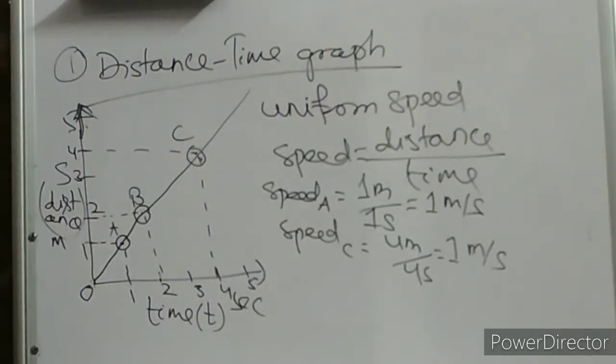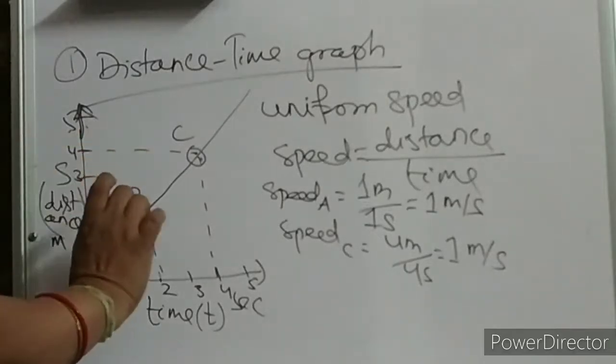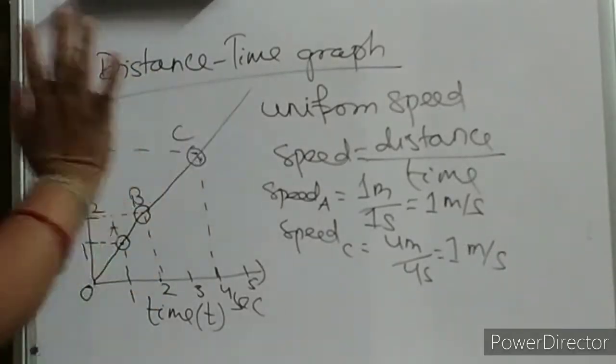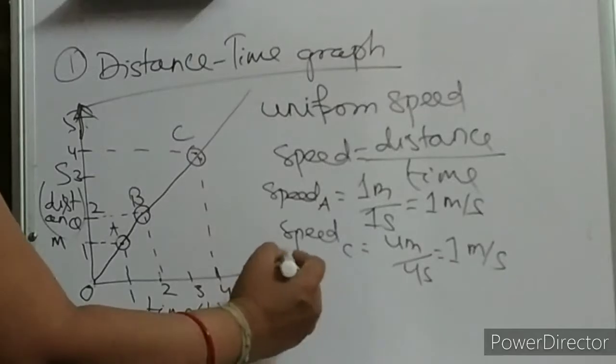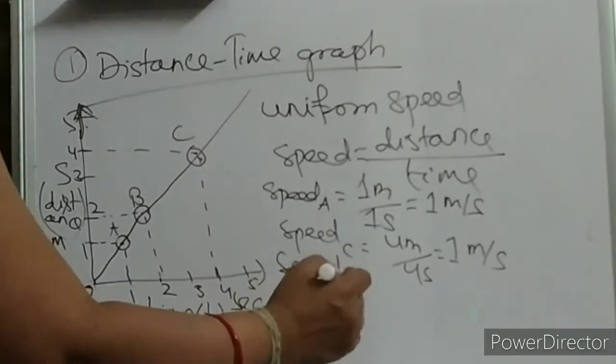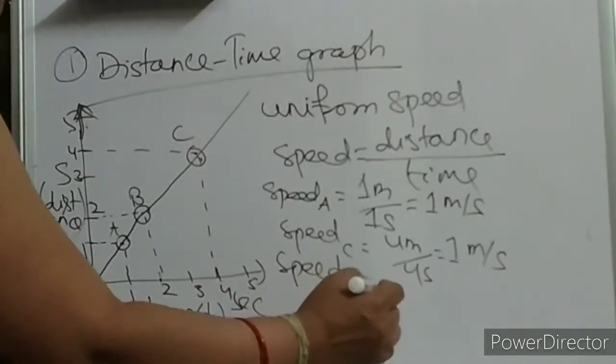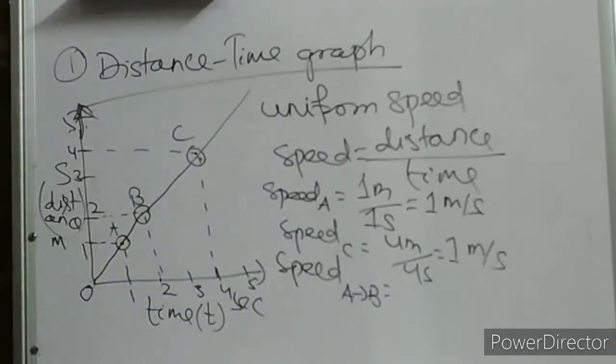Now suppose I want to calculate the speed. At each point we can calculate the speed. Now I want to calculate the speed when the body covers from A to B or from B to C. Let me calculate the speed, or you can say velocity, when the body travels from A to B. Then what will happen?